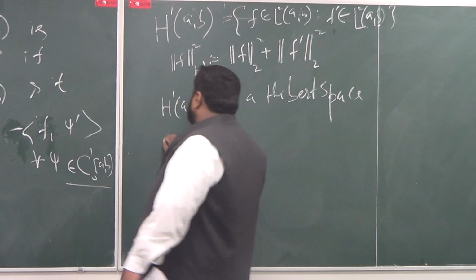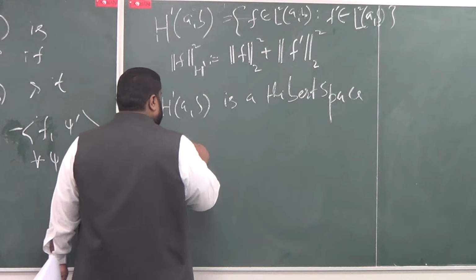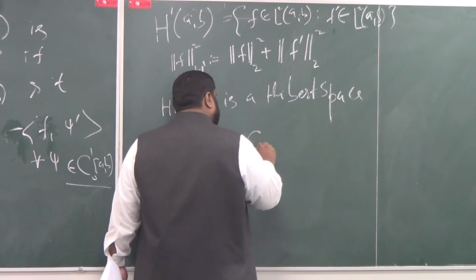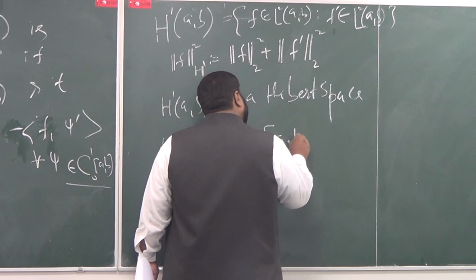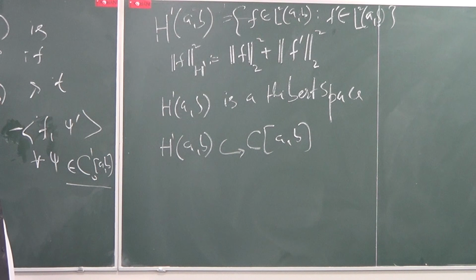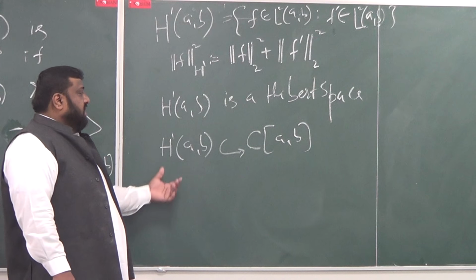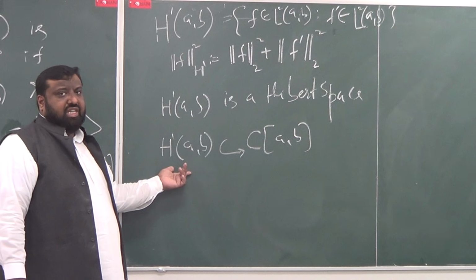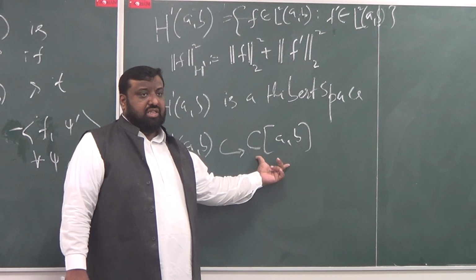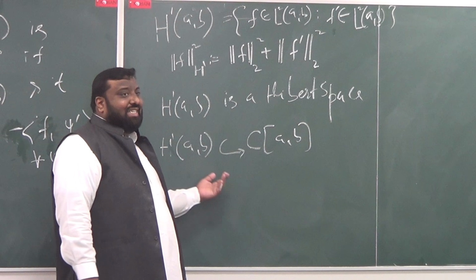And this Hilbert space is continuously contained in C[a,b], the continuous functions, in which the functions for which a weak derivative exists are also continuous. And this embedding is a continuous embedding.